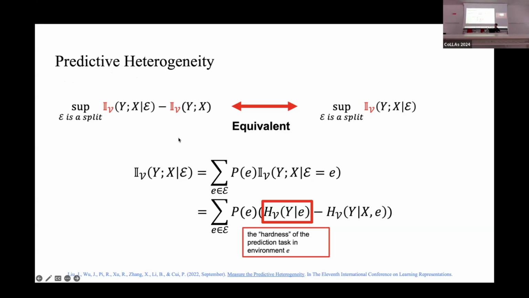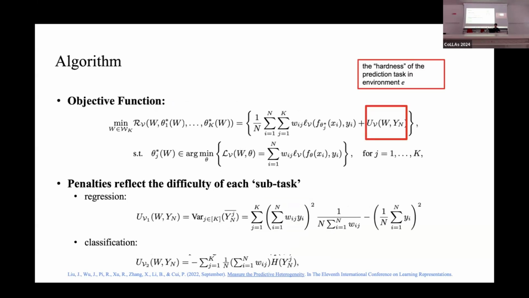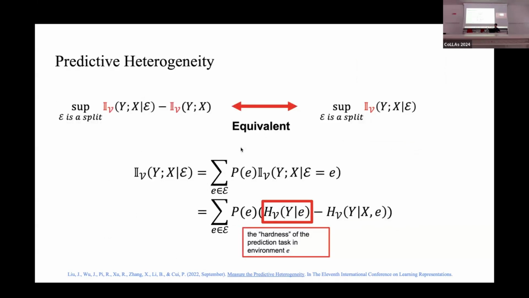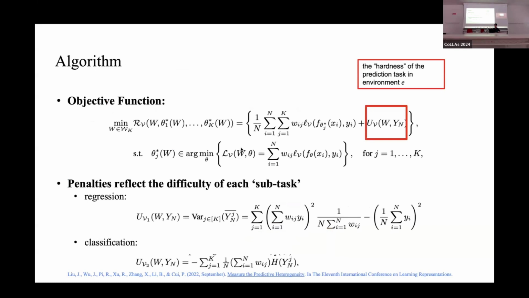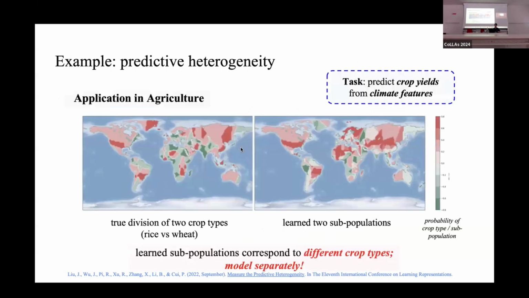We split the whole data set into different environments or subgroups, calculate the mutual information in each group, and then sum them together, and that's the definition of conditional mutual information. As for the algorithm, from our objective function we can derive a bi-level optimization algorithm to help learn such an environment split. It's mostly math, so we skip it and go to the experimental results.